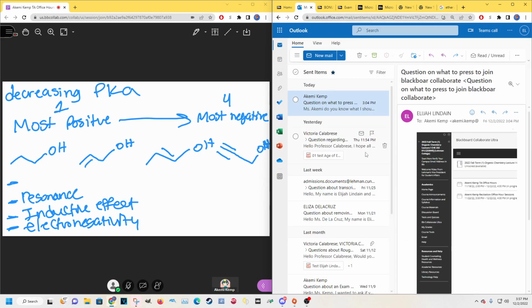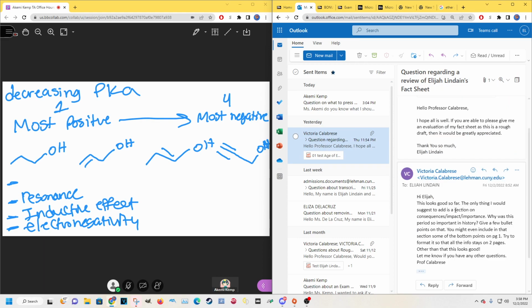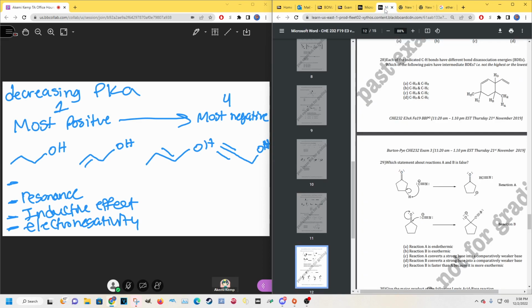And for the last one, we look at what was it? Hybridization. I always forget the last one, and that's like the easiest one you can look for.